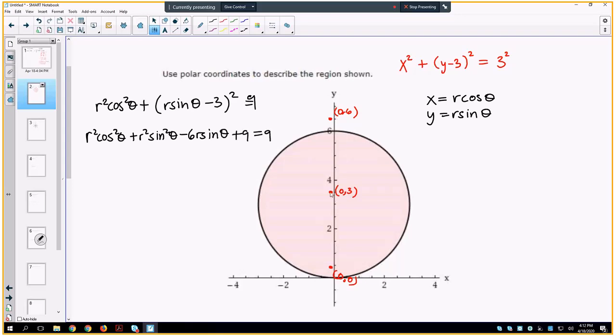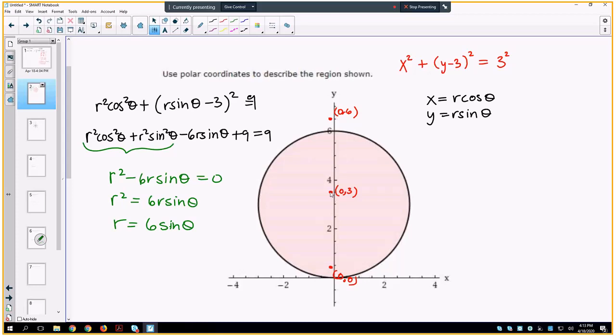So here I just get r squared minus 6r sine theta, and I can say equals 0. So r squared is 6r sine theta. So r is 6 sine of theta. I'm just dividing by r on both sides, and I know that my radius is non-zero, so that's okay, I can do that.